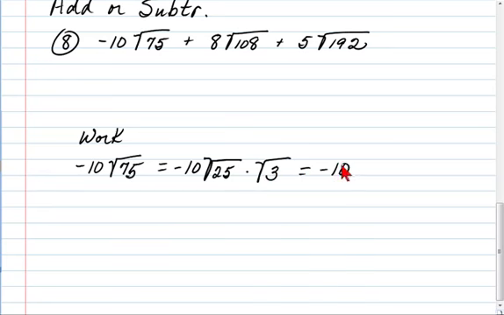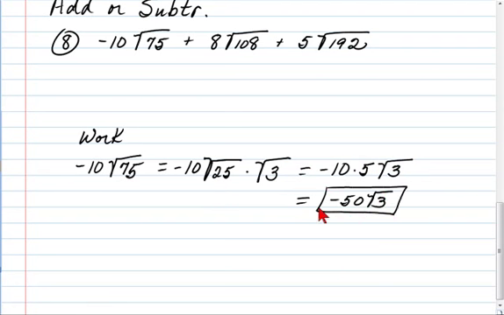Negative 10 is still tacked on. The square root of 25 is rational 5, and it's times the square root of 3. Multiply these two for negative 50 times the square root of 3. That goes right back up here. That's negative 50 times the square root of 3.